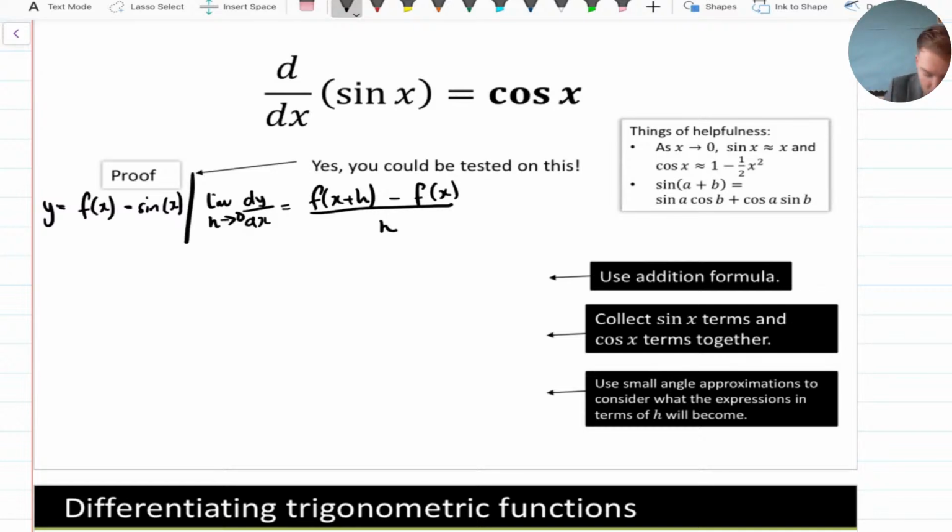Okay, so let's sub in what we know now. So we know what f of x is. We're going to need to know what f of x plus h is. So f of x plus h is equal to, well, it's just going to be sine of x plus h. So the limit as h tends to 0 of dy by dx. Oops, I've done this wrong, haven't I? Silly Billy. That needs to go.